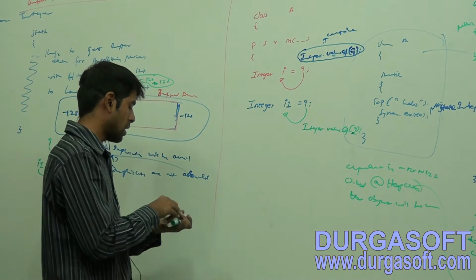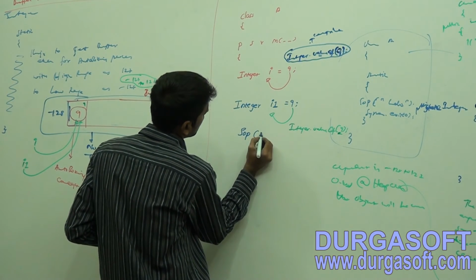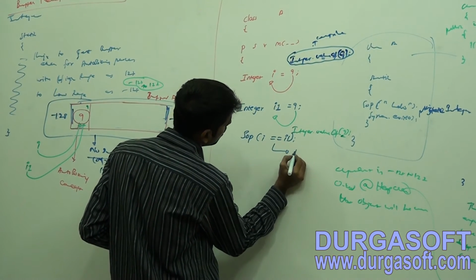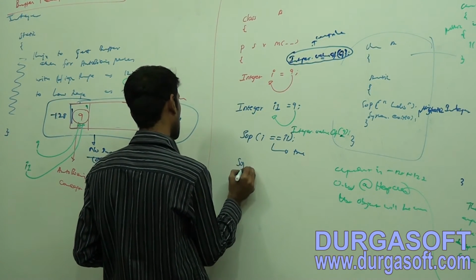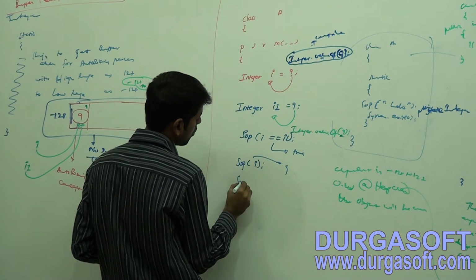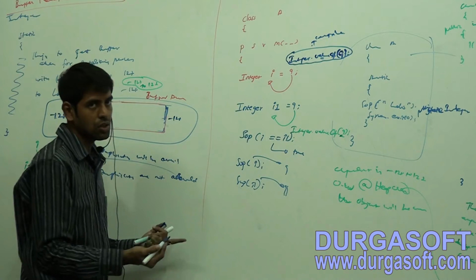Now here, if I call SOP of I == I1, true. If you want to check the I value, it will be 9. SOP of I1 value, once again 9 only, no change.